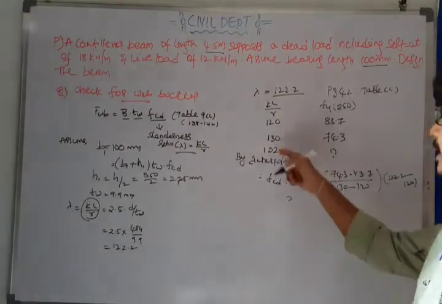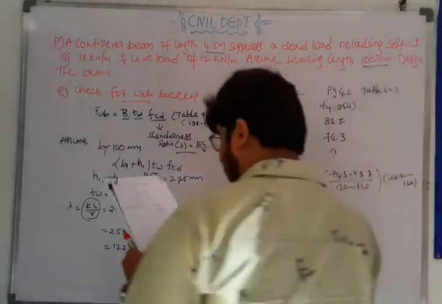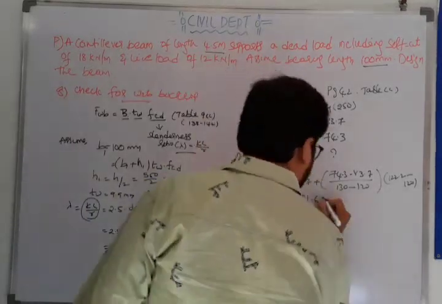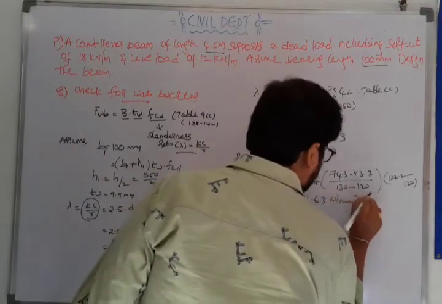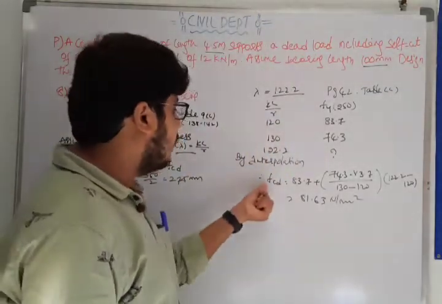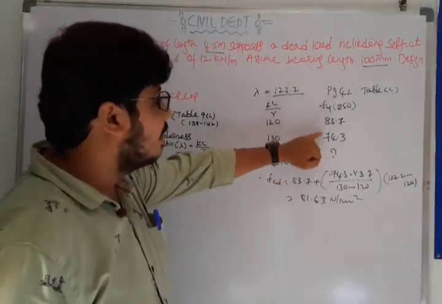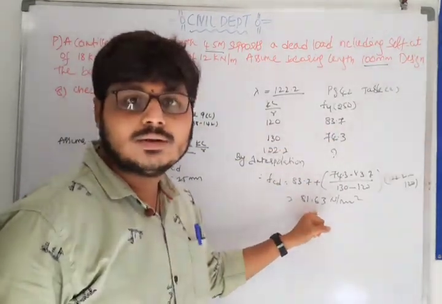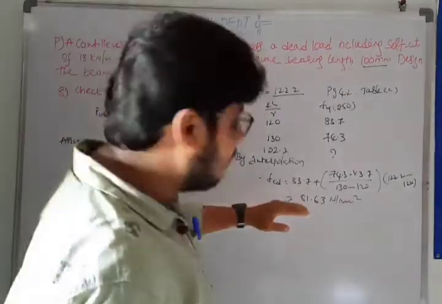So we will get the value for 122.2 as 81.63 Newton per mm square. Between 83 and 74, the value is 81.63 Newton per mm square. So we will get the values for all.